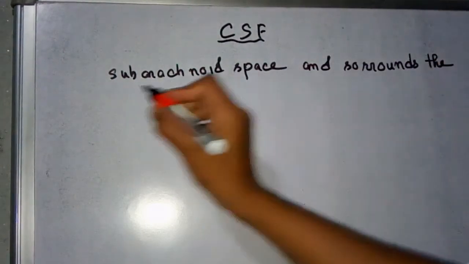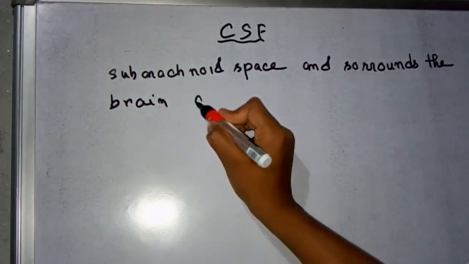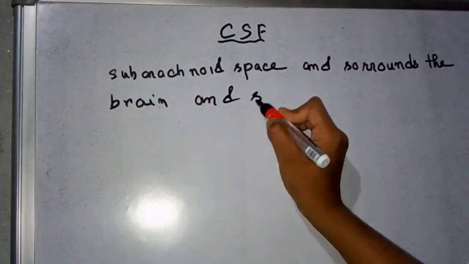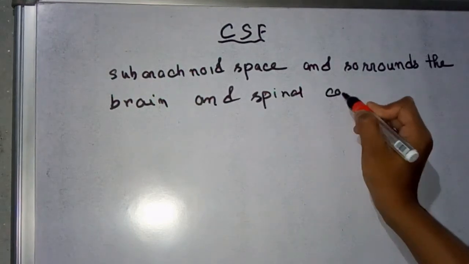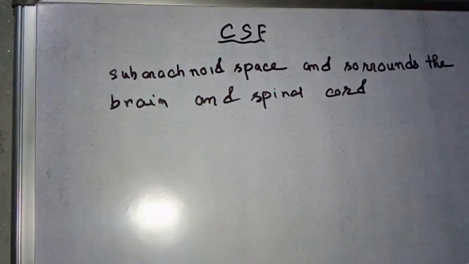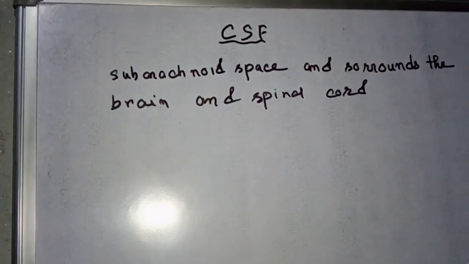So CSF, cerebrospinal fluid, is a clear, colorless, and odorless fluid which fills the subarachnoid space and surrounds the brain and spinal cord.